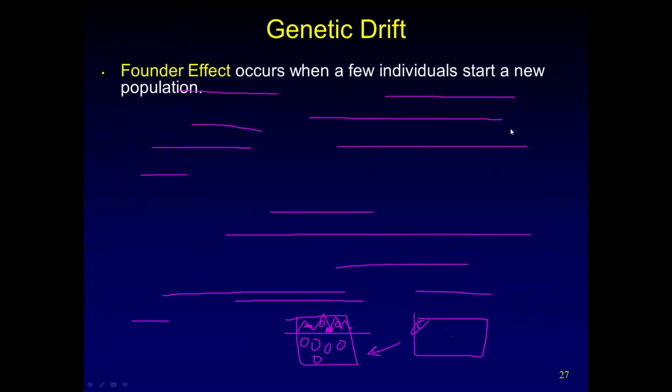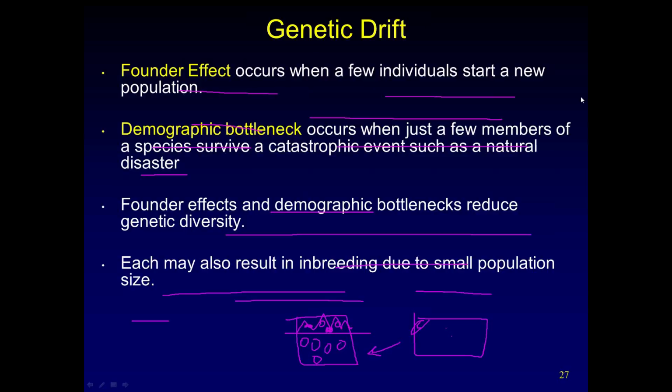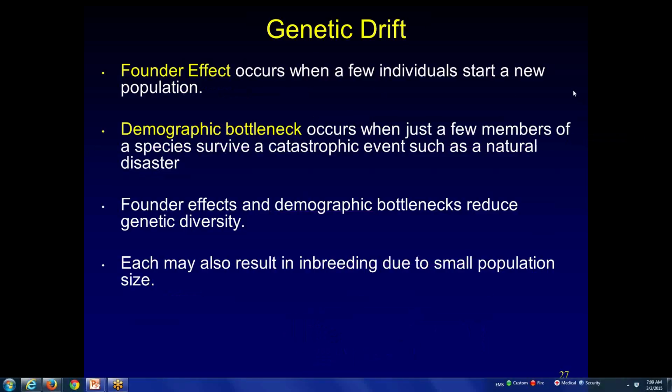Okay, so genetic drift, let's look at that topic a little bit, and that's actually what we've just started talking about already. One example of genetic drift is the founder effect. It occurs when a few individuals start a new population. So, for example, let's go back to our rabbit example. They're found in a large piece of habitat, and there's a smaller piece of habitat over here. Let's say we've got dark individuals right here, and we've got light individuals.